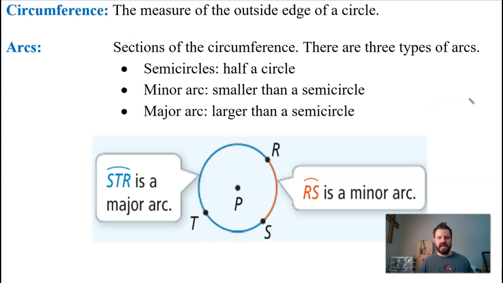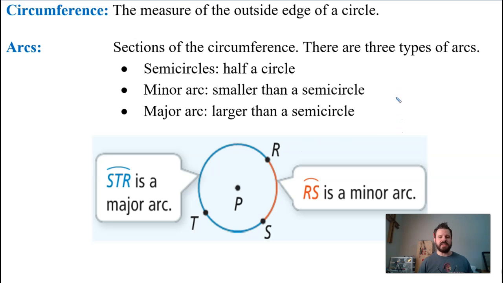And then here's the big new thing we'll start with. Arcs of a circle. I'm going to say arcs are sections of the circumference. And there are going to be three types. We could have a semicircle, which is half a circle. So for example, from T around to R, here's a semicircle, which makes up half a circle.